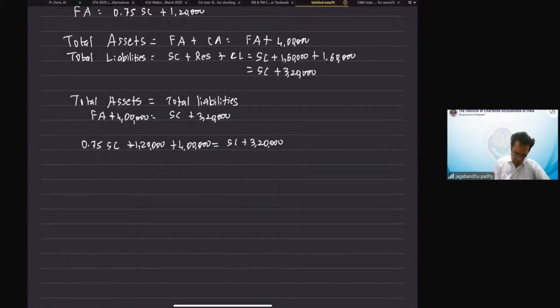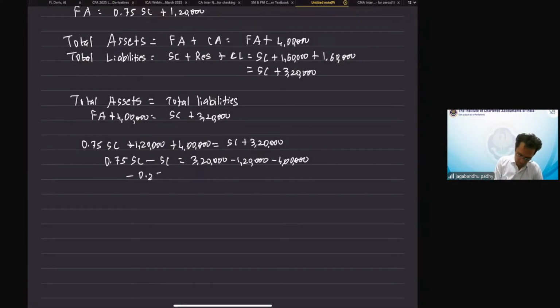Then we keep all share capital terms on one side: 0.75 share capital minus share capital will be equal to 3,20,000 minus 1,20,000 minus 4 lakhs.